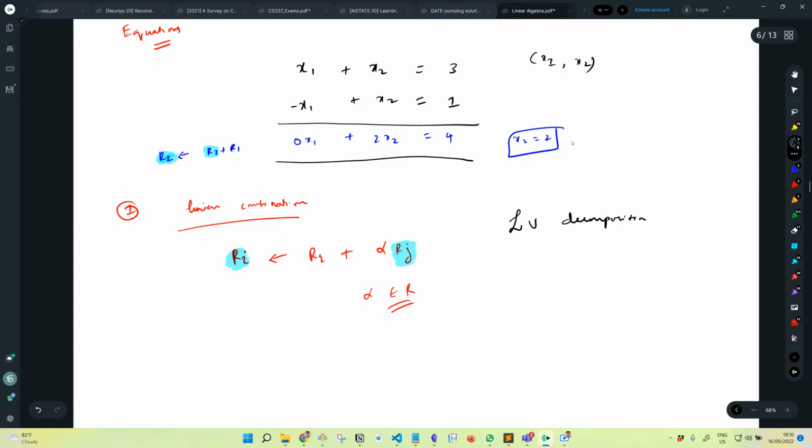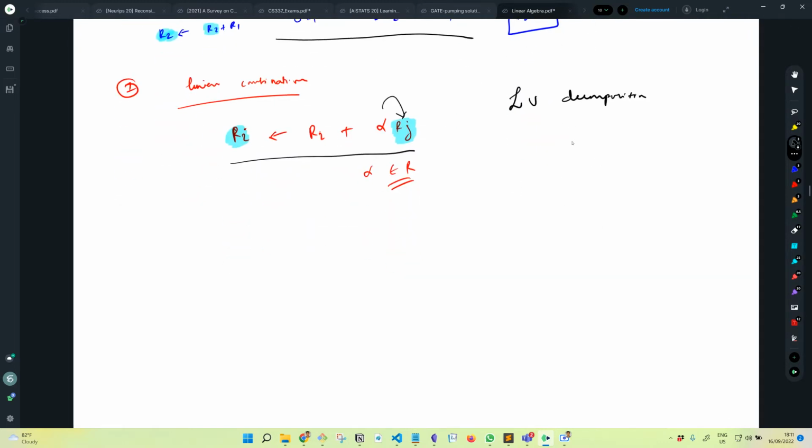It turns out that if you write equations in this format, obtaining the LU decomposition is relatively simpler. So in pursuit of LU decomposition a few classes later, I would like to stick to this notation, where if you are adding two rows, the scalar will always be attached to the other row.